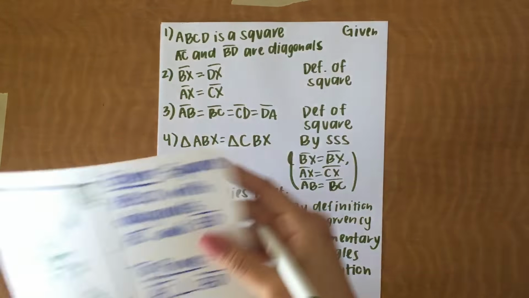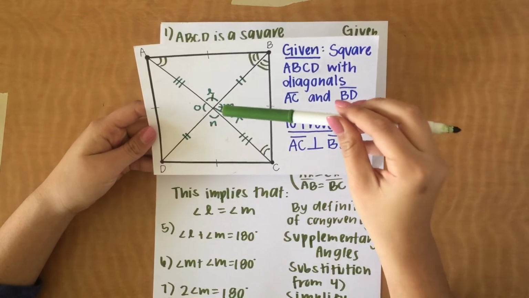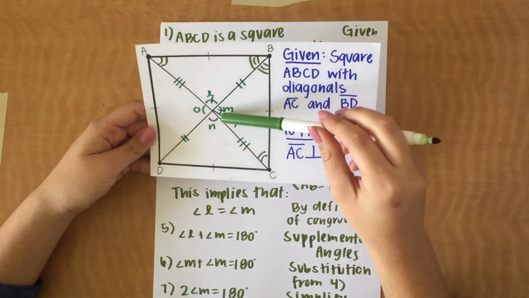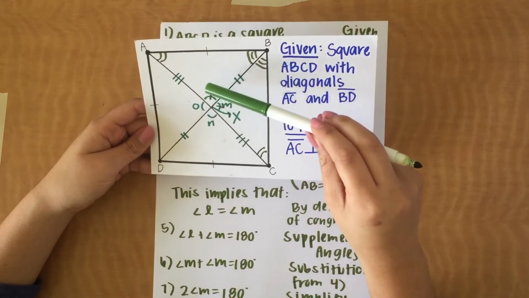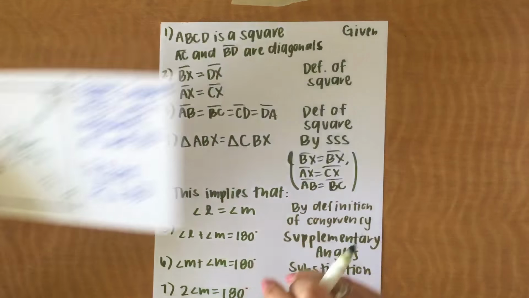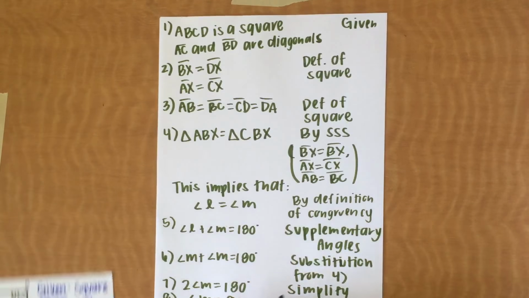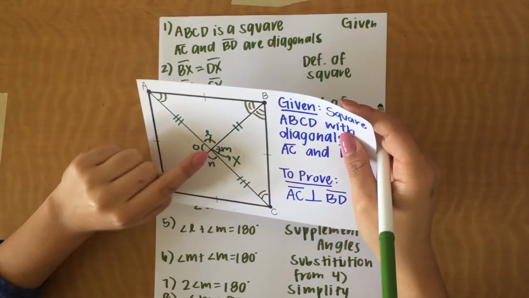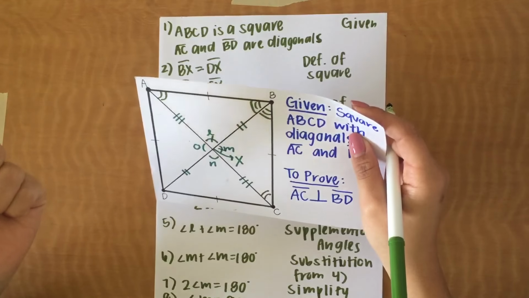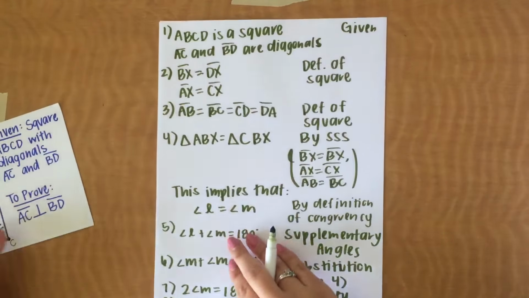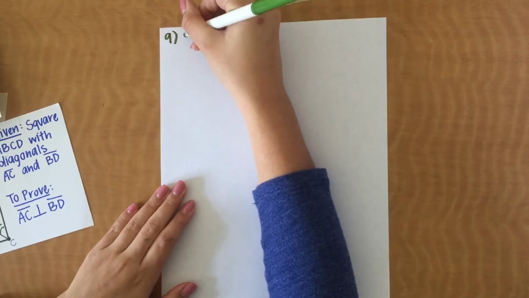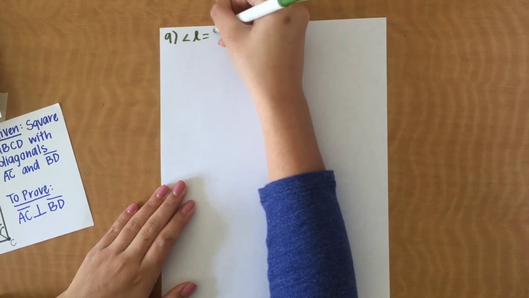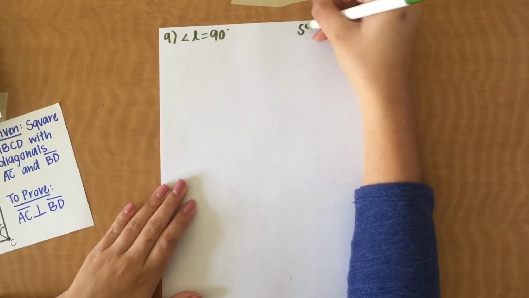So now we know that angle M is equal to 90. But we said before that angle L equals angle M. So we know that angle L is also 90. All we really need to know is that one angle is equal to 90, but we can still show it off because it is good to have as much information as you can. So we can say that 9, angle L equals 90 degrees. This is substitution as well.